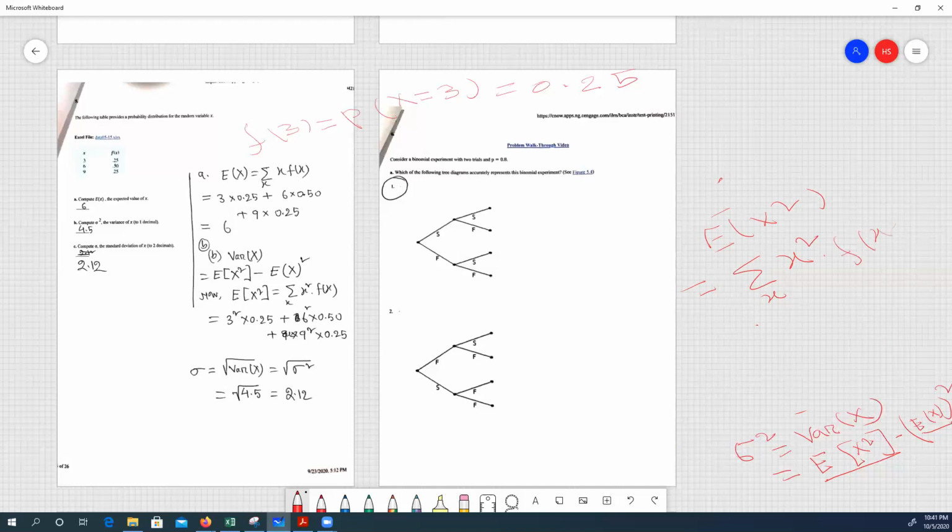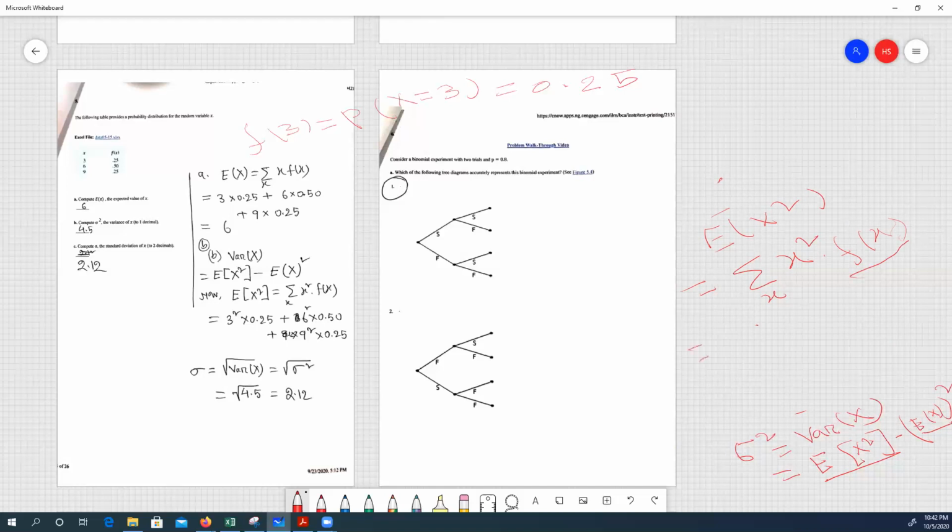In the previous one it was the expected value of x, that's why we wrote x. But now we have the expected value of x squared, so you have to write x squared, times f of x, the same as before.